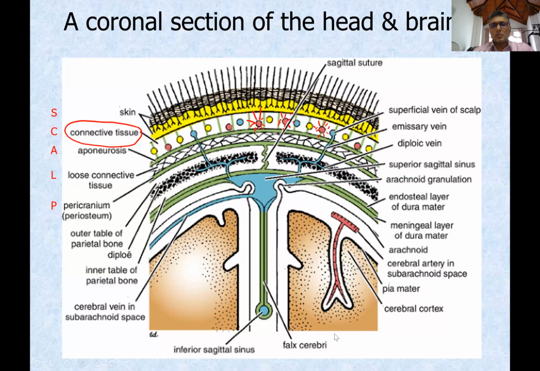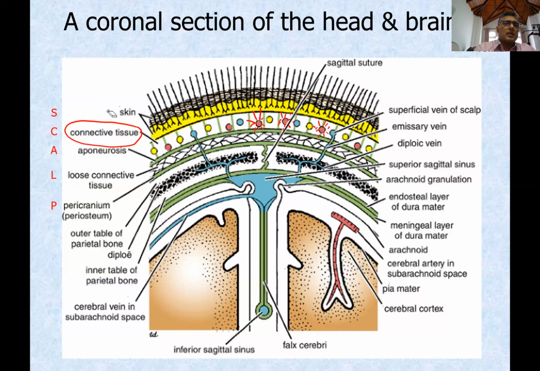So remember this point if somebody asks you why profuse bleeding. So it's rich blood supply with good anastomosis, and then prevention of constriction of the blood vessels because the blood vessels are in the connective tissue layer and there are fibrous bands attached around the blood vessels.